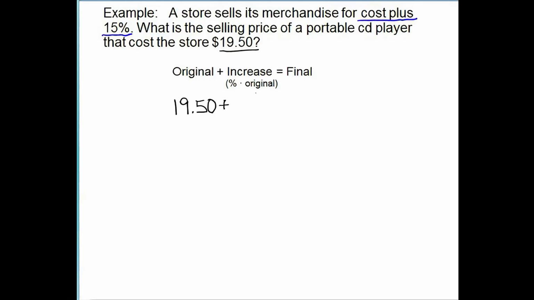So that is a multiplication. Change your percent to a decimal. So drop the percent and go 2 places to the left. So 0.15 for 15% of the original $19.50 will equal the final.